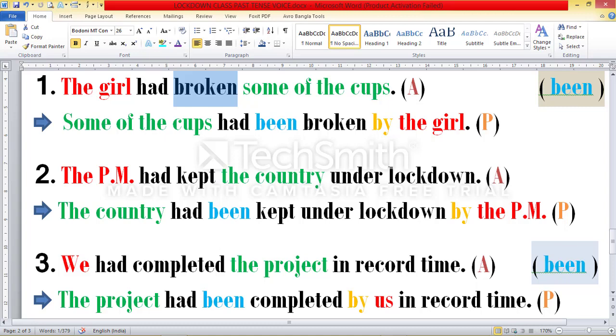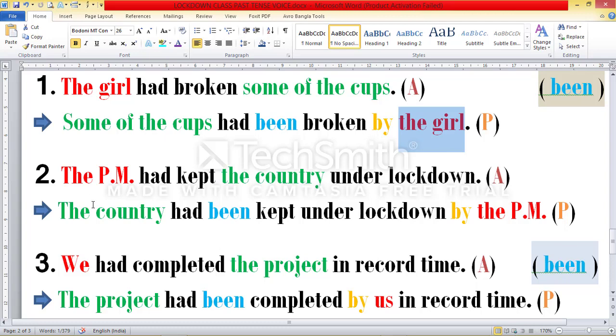So you have written here being broken. Then the preposition that will generally come here is by. So by has come. Then at last the subject, the girl, of the active form will be the object of the passive form. So the girl has become here object. So the passive form of the sentence, the girl had broken some of the cups, is some of the cups had been broken by the girl.